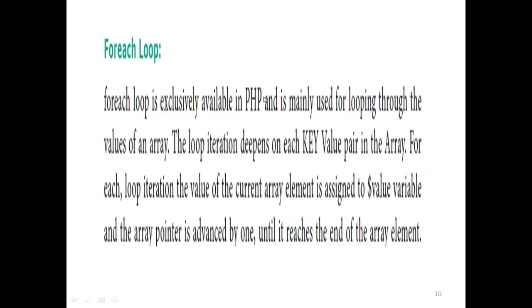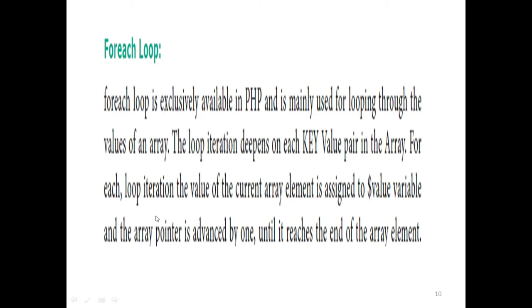And then the next one, the for each loop. The for each loop is exclusively available in PHP, mainly used for looping through the values of an array. Arrays can be implemented in the for each loop. It is available in PHP only. The loop iteration depends on each key value pair in the array.